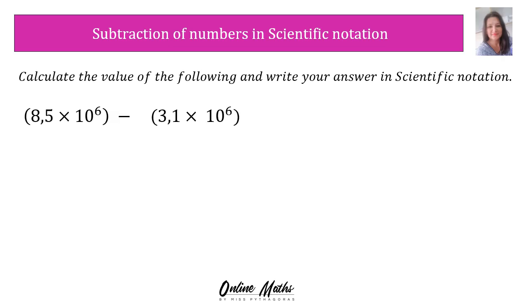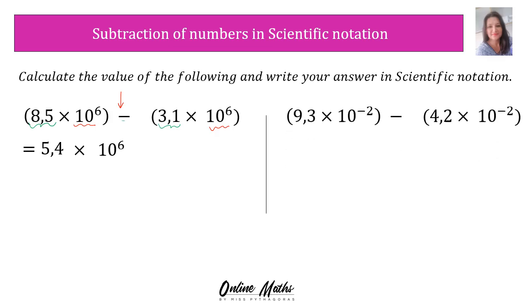So now there's 8.5 times 10 to the 6 minus 3.1 times 10 to the 6. So it's very important to realize that they are the same type, 10 to the 6. And then in terms of the numbers in front, we will say 8.5 minus 3.1 is 5.4 times 10 to the 6.